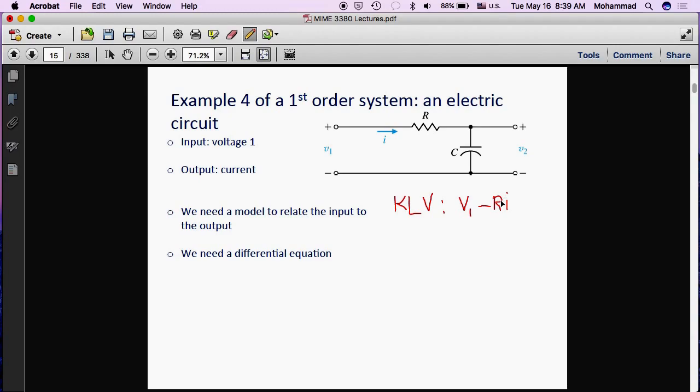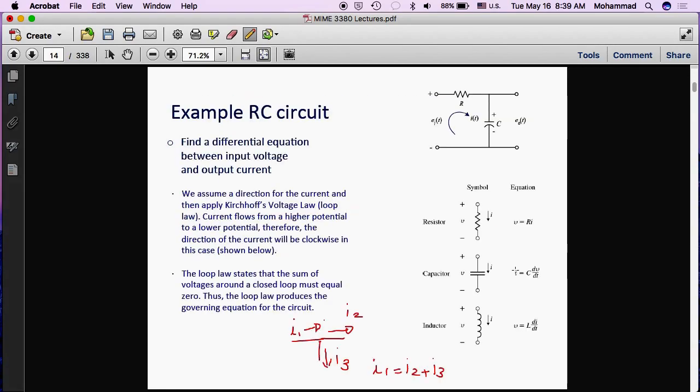So we got that. Now let's go to the capacitor. What is the basic equation of a capacitor? Let's go up again. The capacitor equation is I is equal to C times dV over dt. What we are after is the voltage drop across the capacitor, so this form is not as useful.